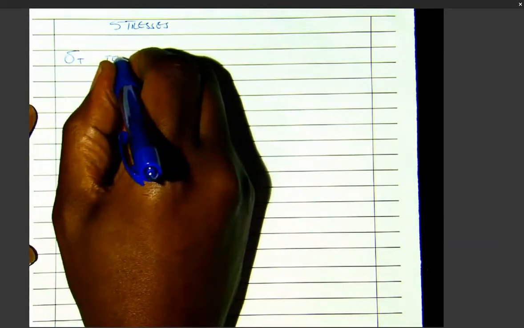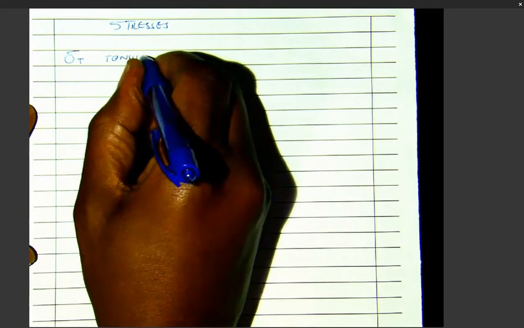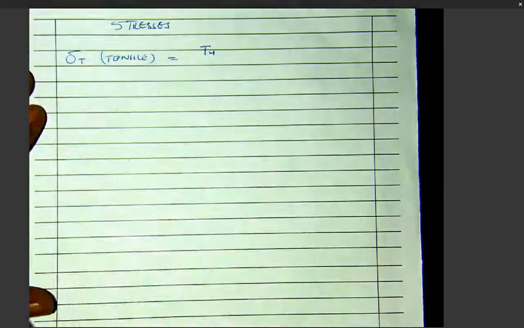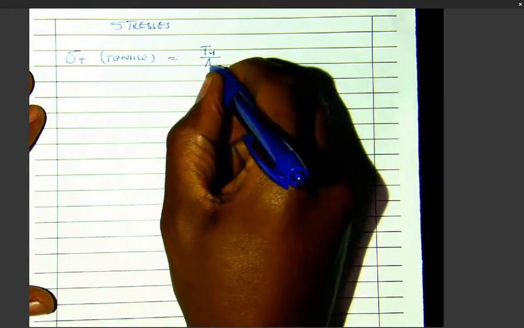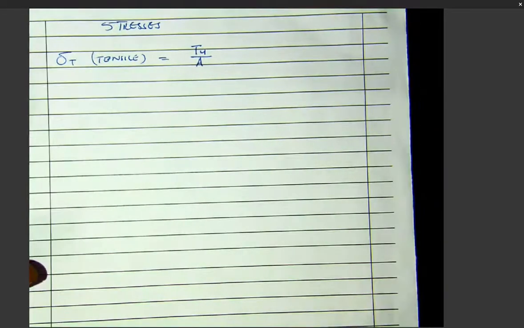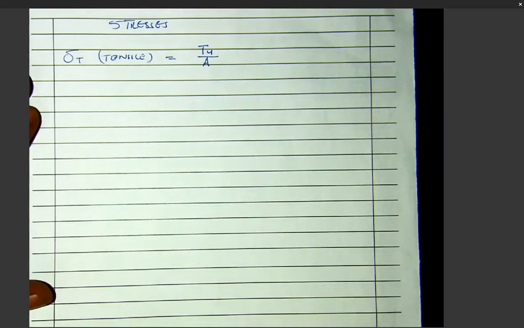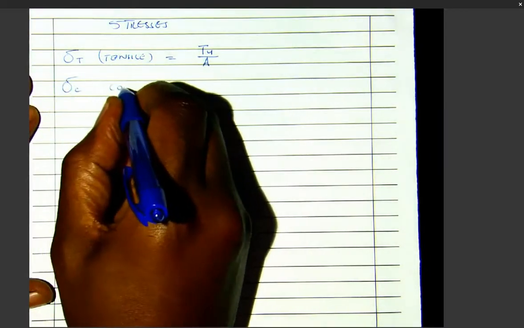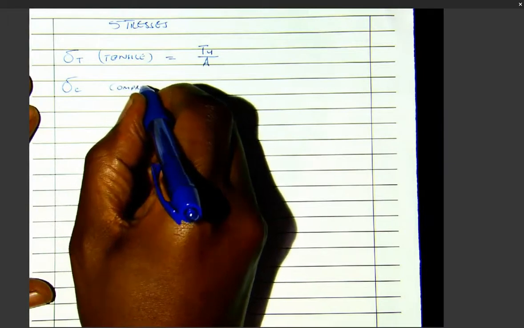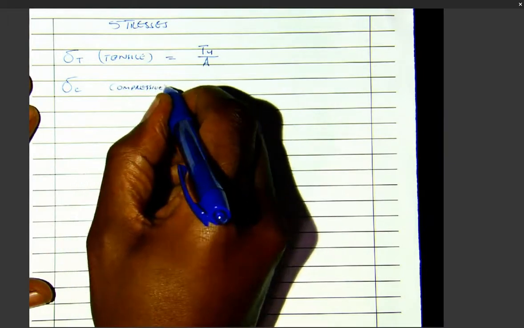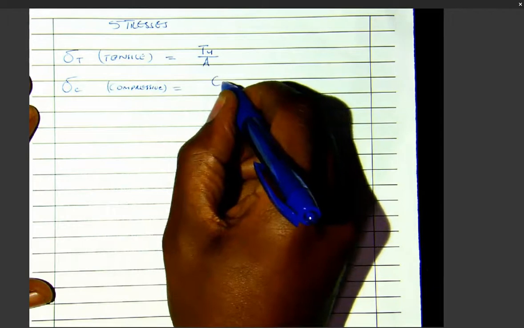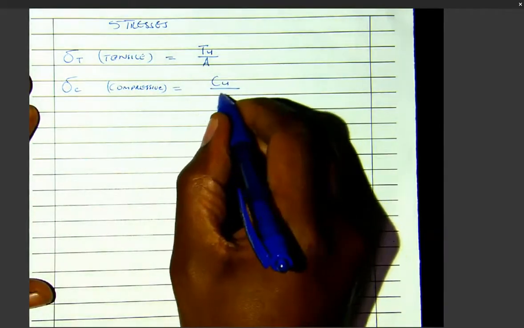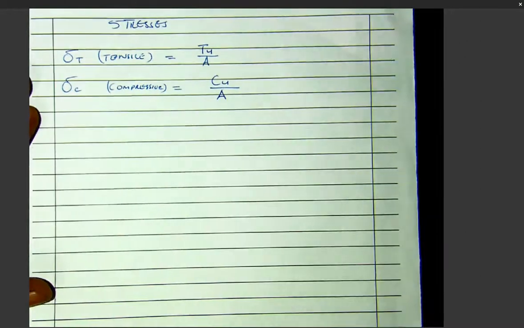which is tensile stress. Obviously, it's the applied tension force divided by your cross-sectional area, so it's T over A. Then you've got compressive stresses, which is your applied compression force divided by your cross-sectional area.